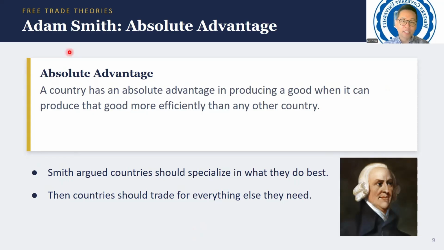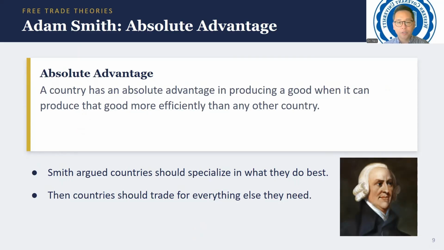In 1776, Adam Smith introduced the theory of absolute advantage. A country has an absolute advantage when it can produce a good more efficiently than any other country, meaning it uses fewer resources to make the same amount.